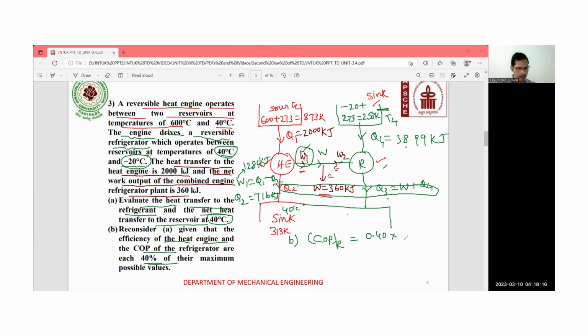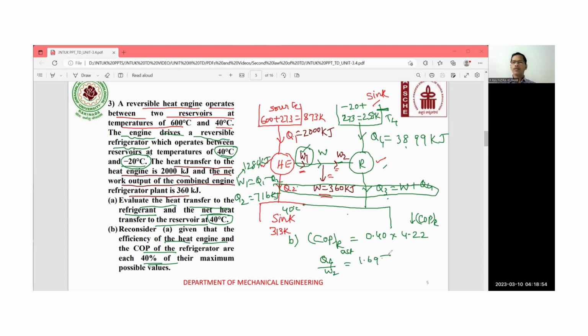The earlier value is 4.22, the coefficient of performance of a refrigerator, and the actual is 0.40 times 4.22. What is this actual? It is Q4 divided by W2, that is equal to 1.69.